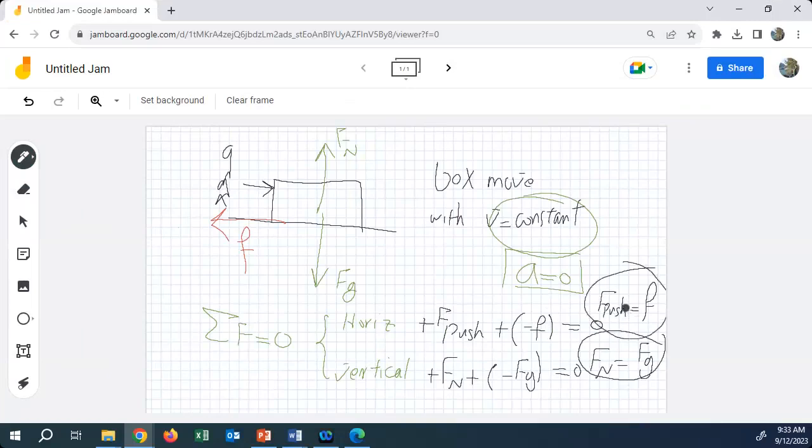This is Newton's first law. There are forces, but these forces cancel each other. So whenever you have a system in which there are forces and these forces cancel each other and the net force is 0, there are two situations. If the object is at rest, it stays at rest. For instance here, this box is at rest.